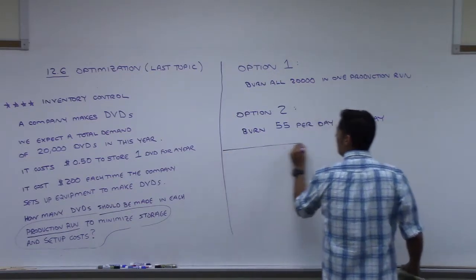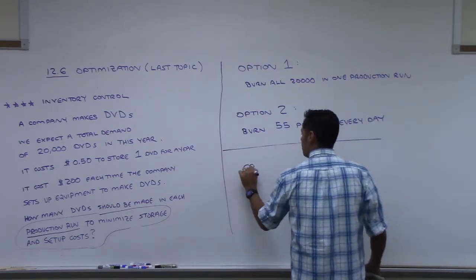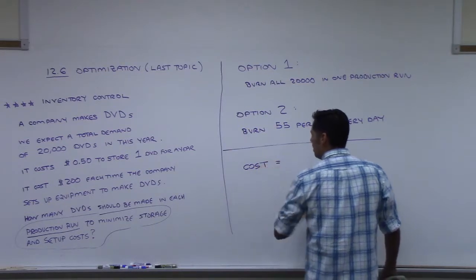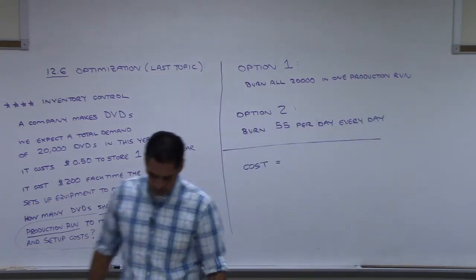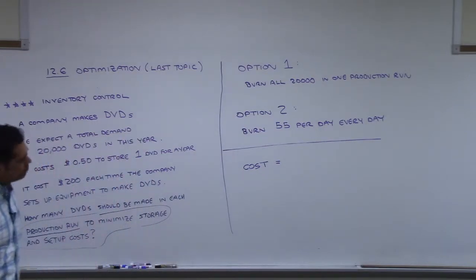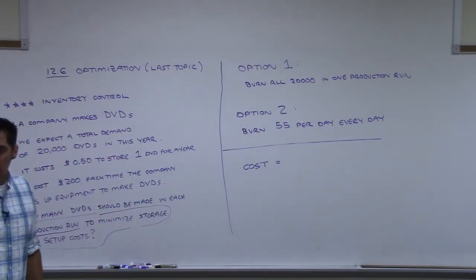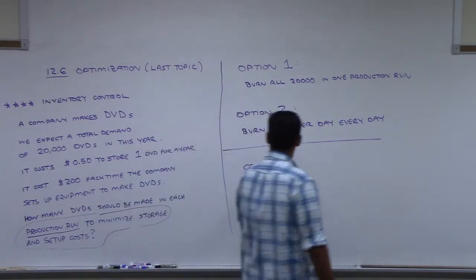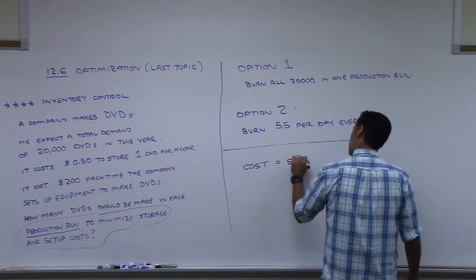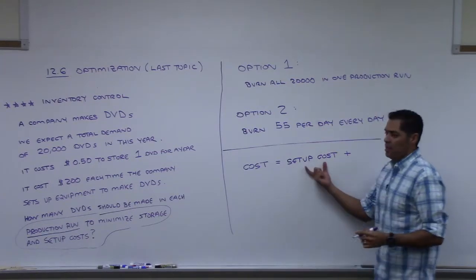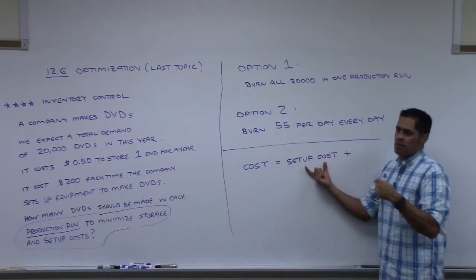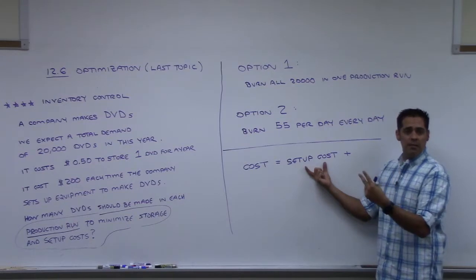Okay, so here's how we're going to do this. What is our cost going to be? Let's just say it in words. The cost is going to be our setup cost plus, now the setup cost, if I do it once, it's going to be just 200 times 1, right?